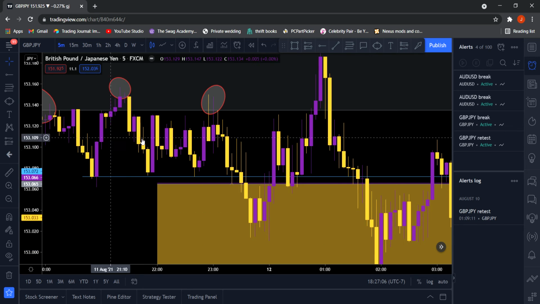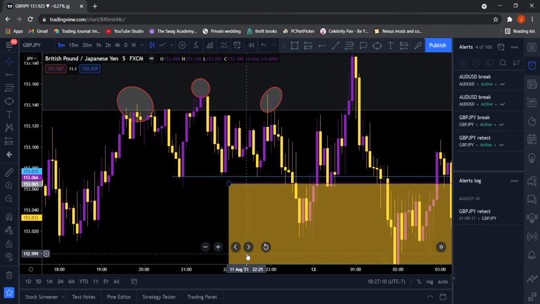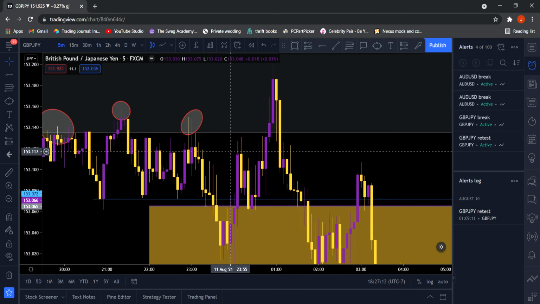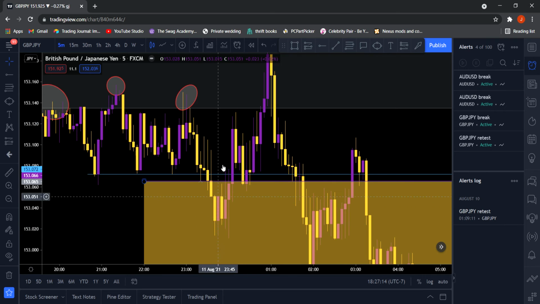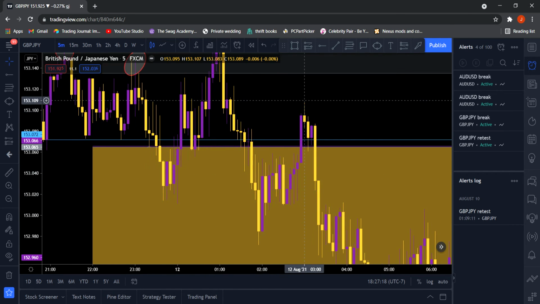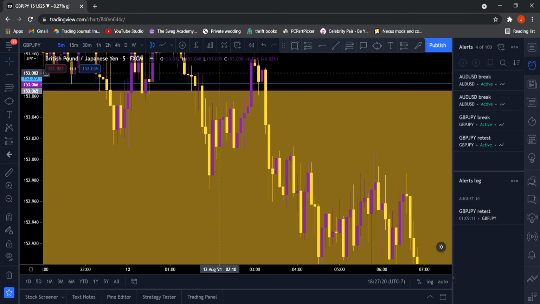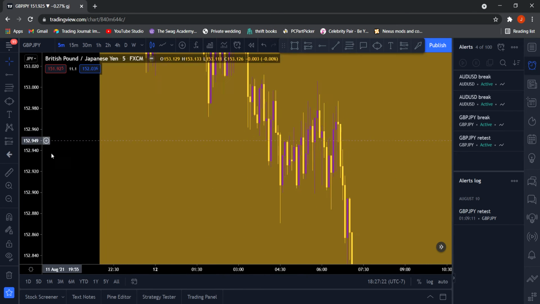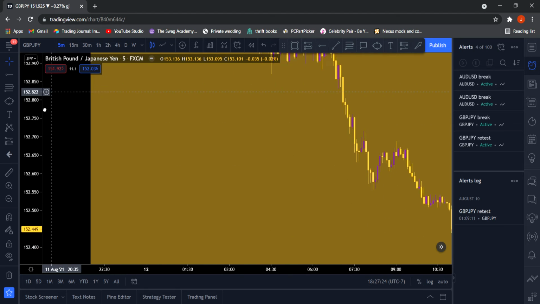There's not many buyers, the sellers are pushing the market down. So that was the entry, and then you see it went in profit, then went back in the negative, and then came down, went in profit, made a lower high, and then it just came all the way down, started dropping.